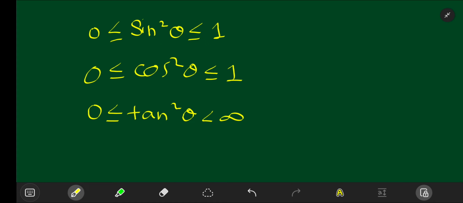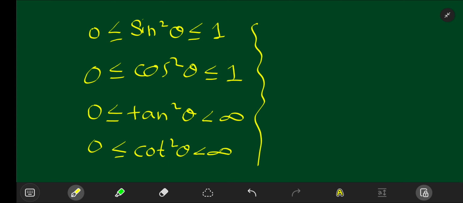Similarly, cot square theta, 0 to plus infinity. The negative portion will become positive. When we square the negative portion, it becomes positive. Okay.